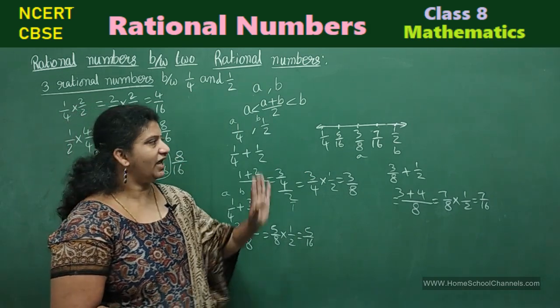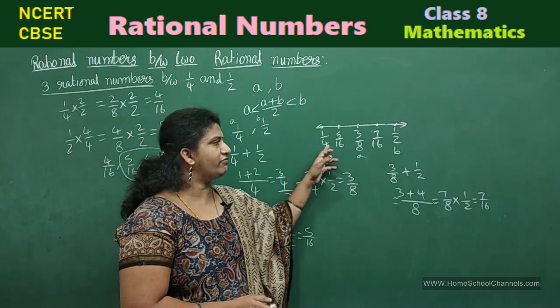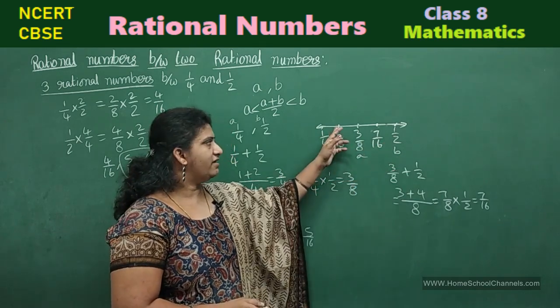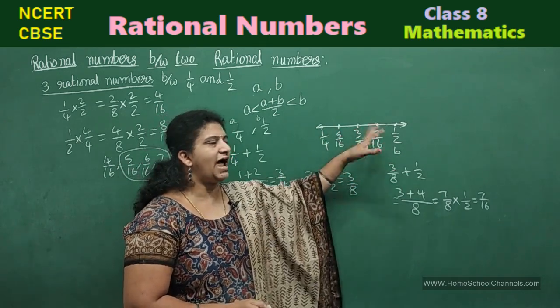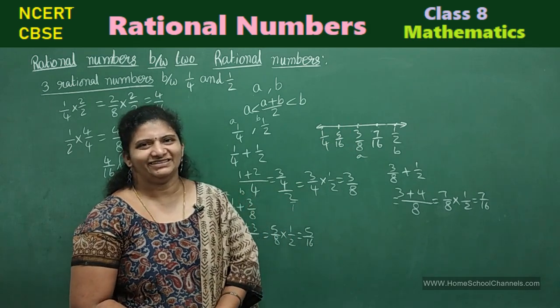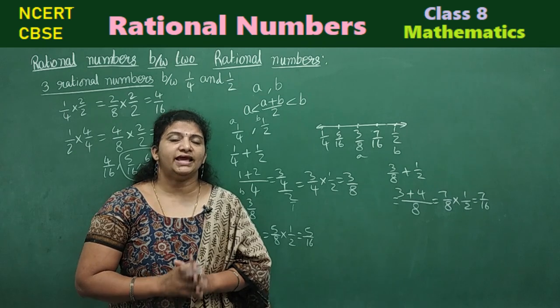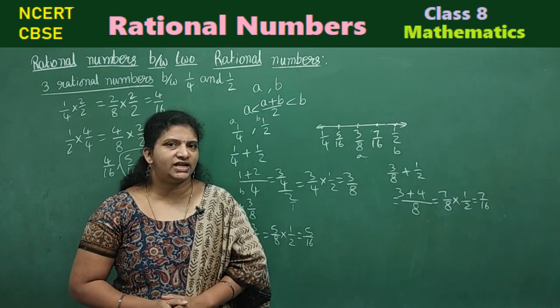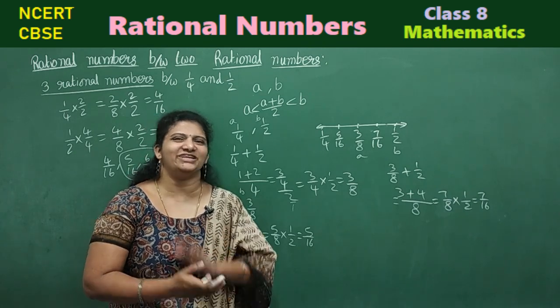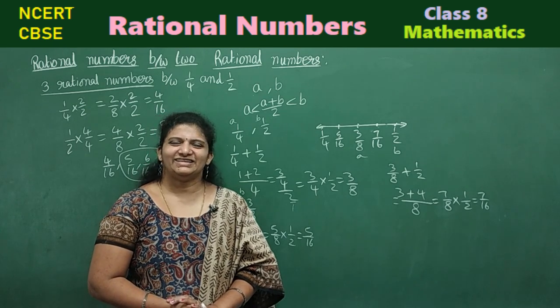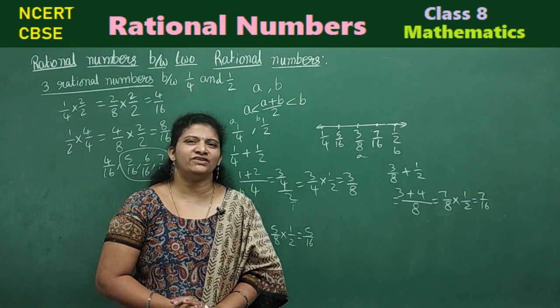Is this clear? Now the three rational numbers between 1 by 4 and 1 by 2 are 5 by 16, 3 by 8 and 7 by 16. You can write any rational number because there are infinitely many rational numbers between any two rational numbers. Is this clear? I hope everybody followed this.